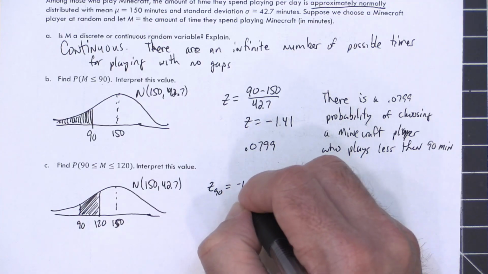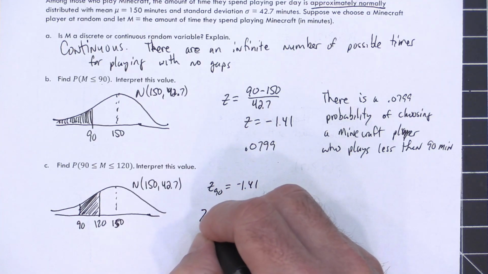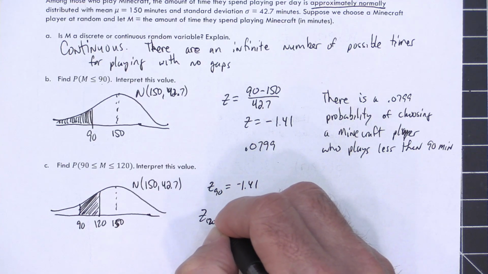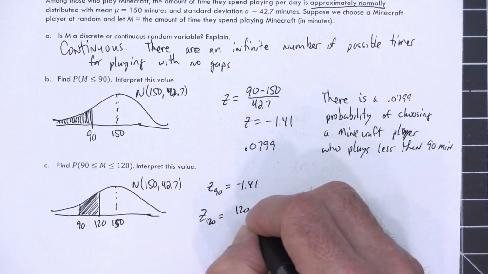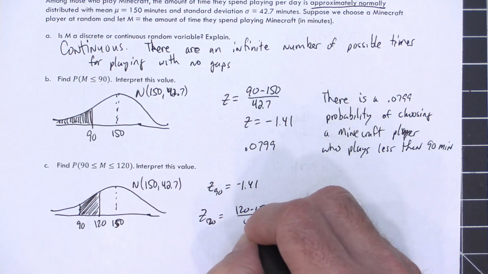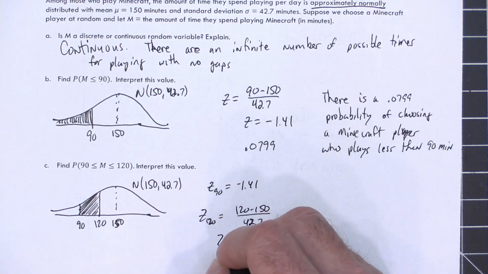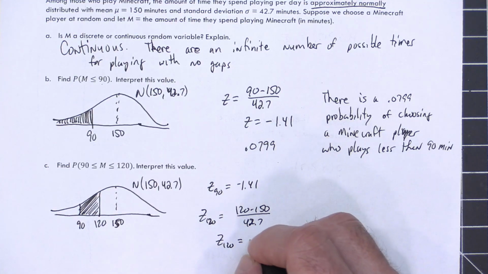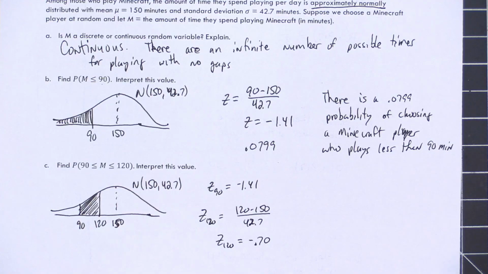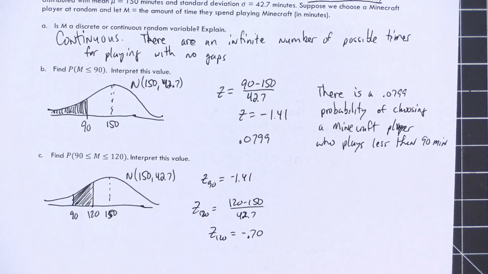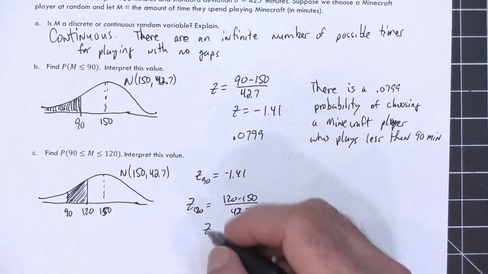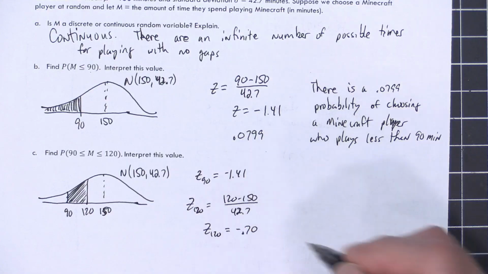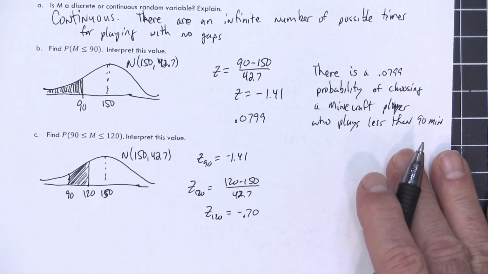But now I'm going to find the z-score for 120. So 120 minus 150 over 42.7. So z of 120 would be negative 0.70. Now, even though I'm not going to use that, I still need to write them both down so the AP readers know I know what I'm talking about.